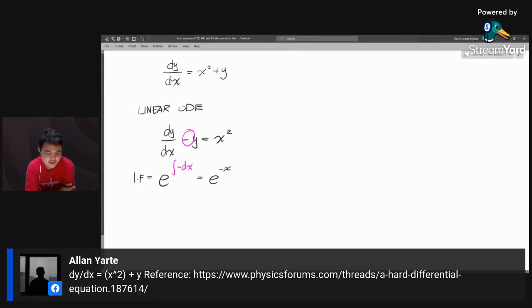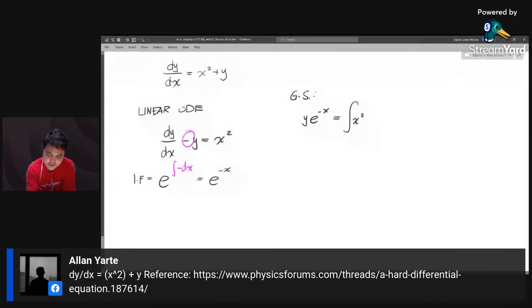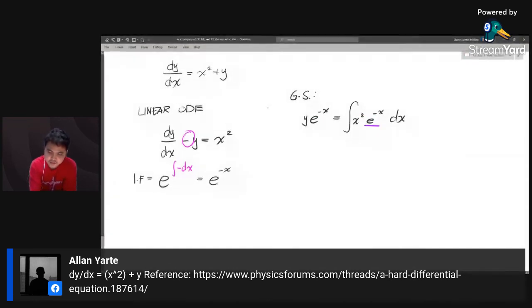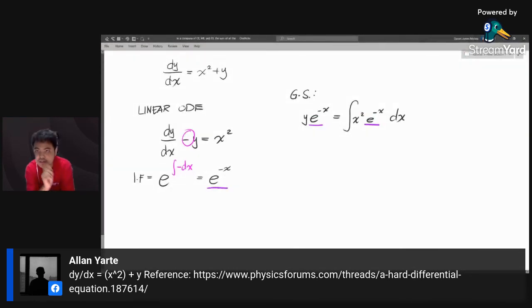So, this is our integrating factor. So, therefore, our general solution will be y times the integrating factor, e raised to negative x, is equal to the integral of x squared e raised to negative x. Puro integrating factor yan.